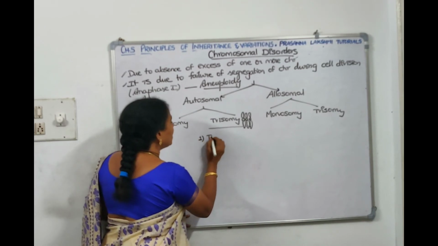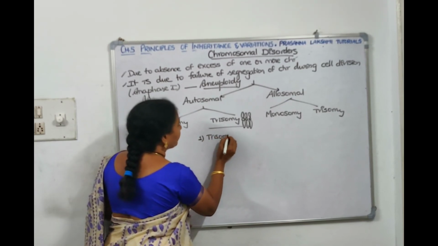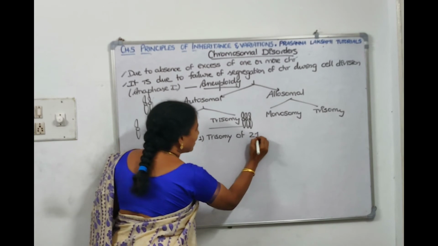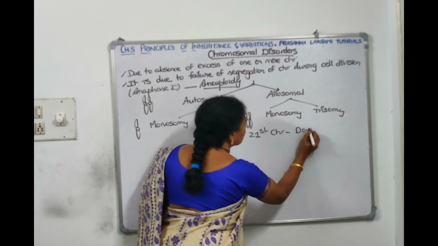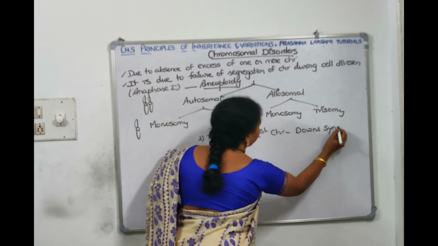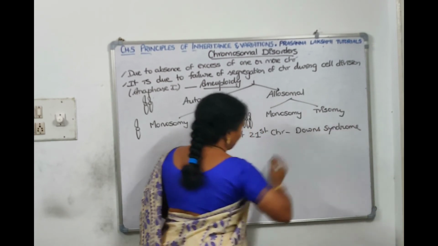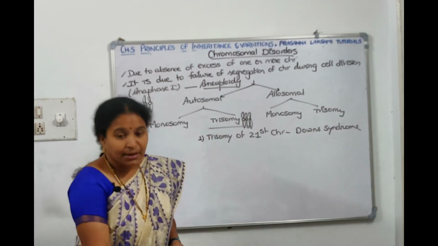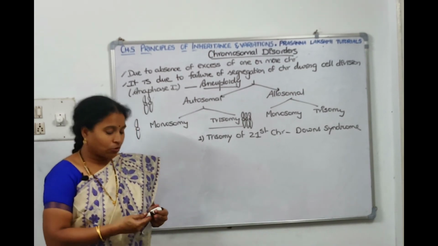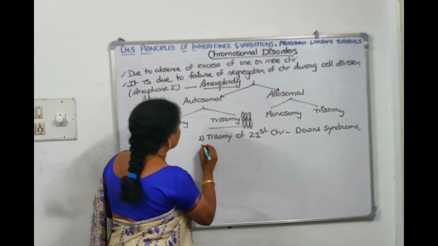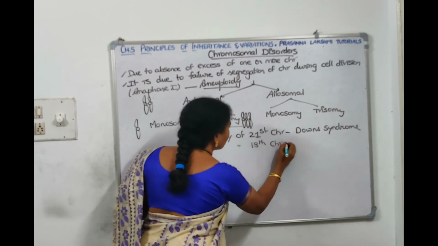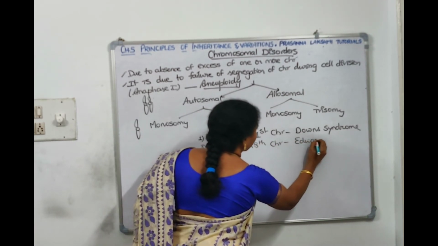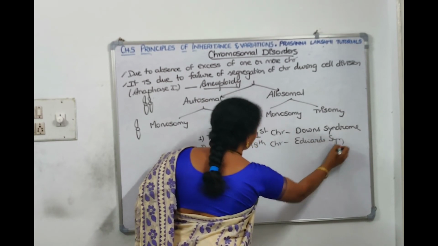So trisomy of 21st chromosome is called Down syndrome, and trisomy of 18th chromosome is called Edward syndrome.